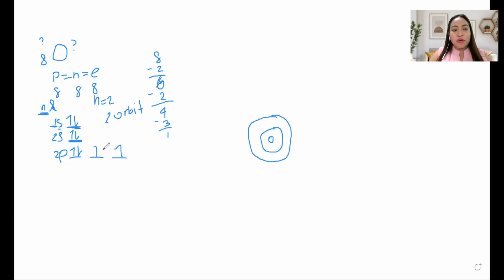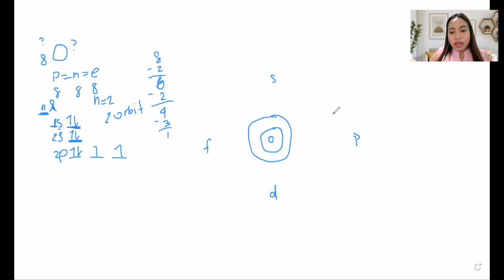On the first n, n is equal to 1. How many electrons are there? We have 2 in 1s. We have the s part, the p part, the d part, and the f part.